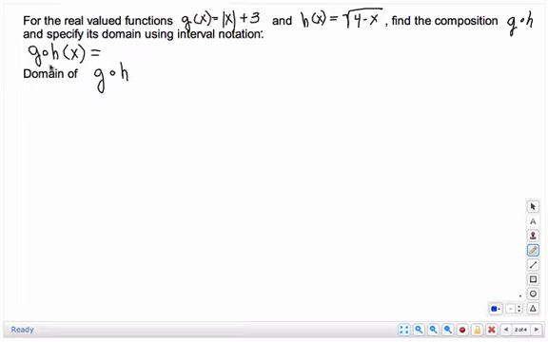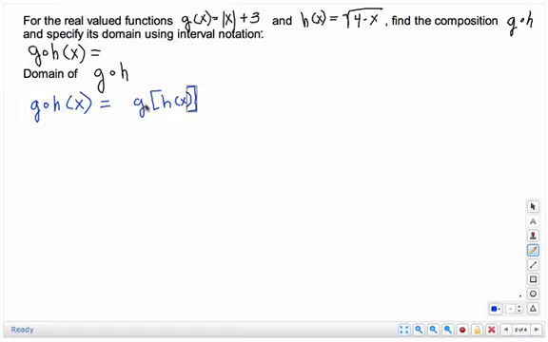Okay. So what I'm going to do is first start with the composition part. I always like to rewrite this g composed with h of x as g of h of x, with h of x inside of the g function, because that's essentially what you're doing with composition. You're going to take x, plug it into h of x, and take h of x and plug it into g of x.